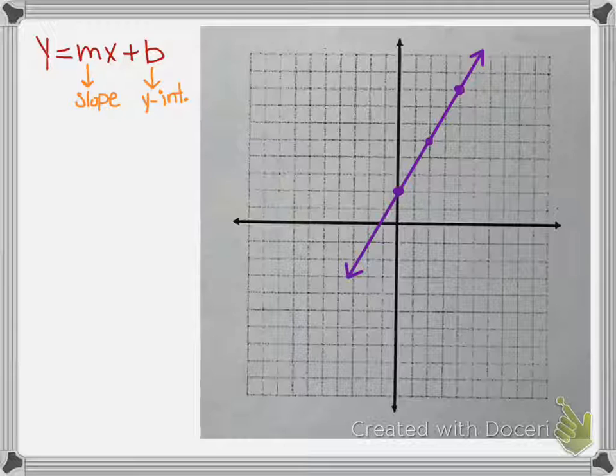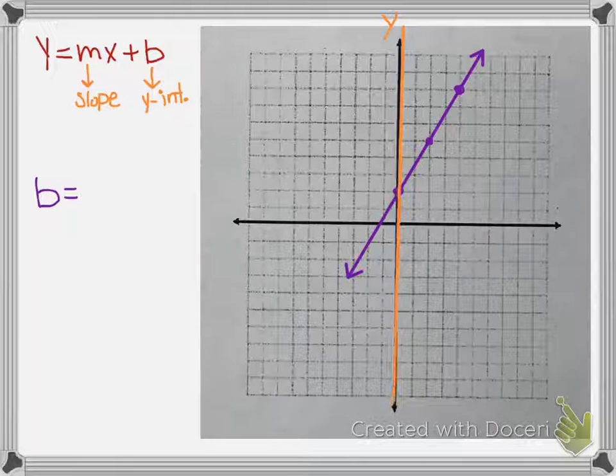So if I want to know what my y-intercept is, all I need to do is look to see where the line crosses my y-axis. And remember, your y-axis is the line that's running up and down. Okay? I'm going to go ahead and highlight the y-axis in orange.